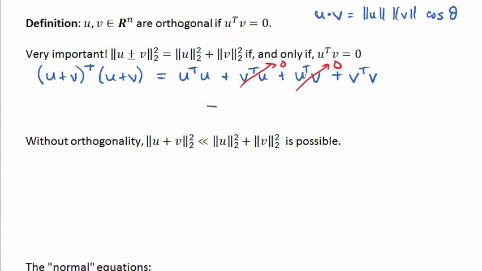And all that's left is the norm of u squared plus the norm of v squared. So that's real simple to check. Of course, this is another statement of the first theorem you learned, probably, ever, which is the Pythagorean theorem. It says that if you have a right triangle, then you can compute the hypotenuse as the sum of squares of the other two sides.